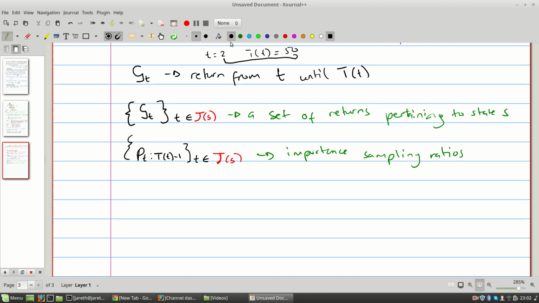So now that we know what this is, the next thing we want to do is estimate V pi of s by using Monte Carlo.